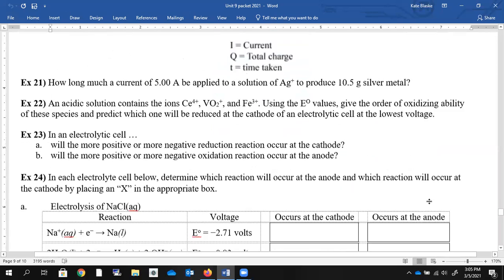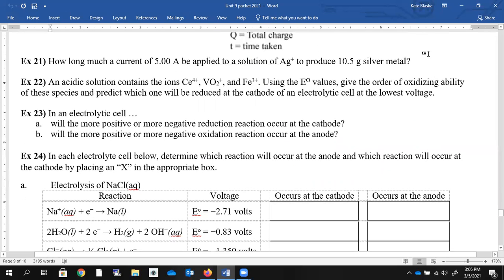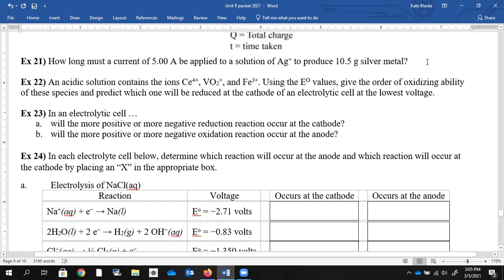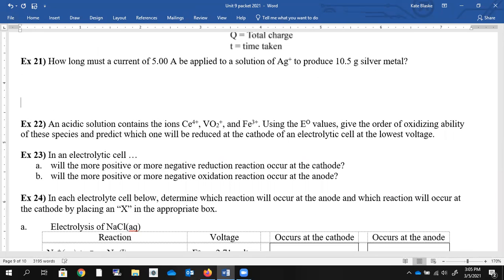So example number 21 says, how long must a current of 5 amps be applied to a solution of silver +1 ions to produce 10.5 grams of silver metal?